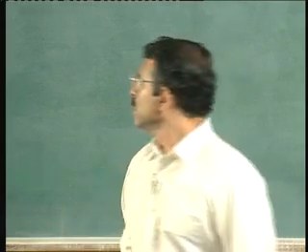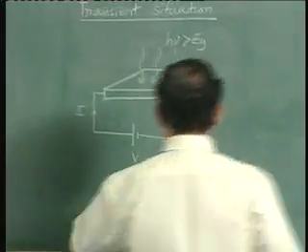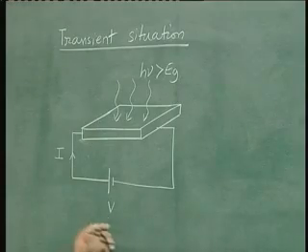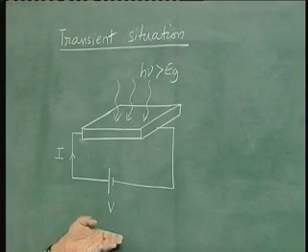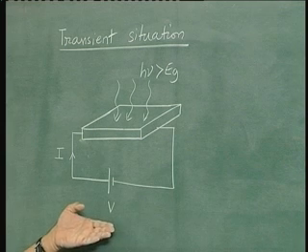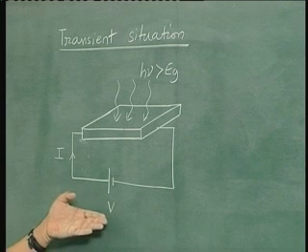Next we must consider the important parameter of lifetime, which describes the transient phenomena related to excess carriers. So let us discuss this concept with the help of this figure of photo-ionization, the generation of excess carriers because of light.